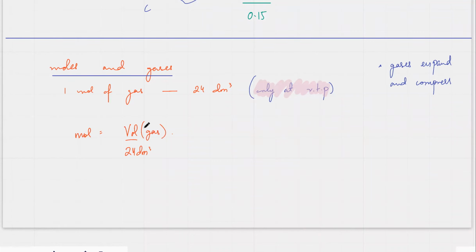Both of them should be in dm cube, or if you decide to take cm cube, then both of them should be in cm cube. So for example, if the volume of a gas is 48 dm cube, you divide by 24, you get 2 moles. So 2 moles of gas would occupy 48 dm cube. Is this clear?